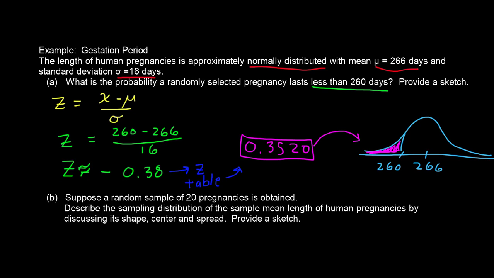Part A was about a single or an individual pregnancy length. Part B is now asking us to consider a sample of 20 pregnancies. So that is our sample size, n equals 20.